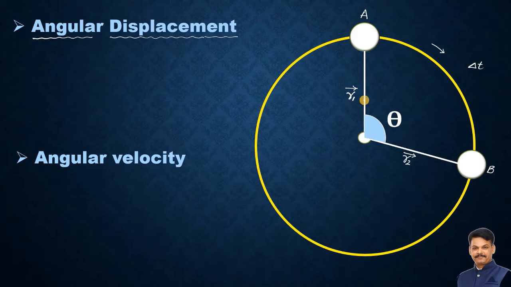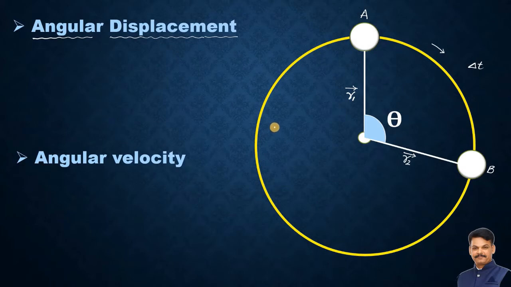So the angle which is present between these two radii is called the angular displacement. It is the angle described by the radius vector in a given interval of time.